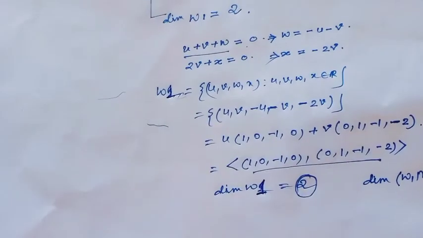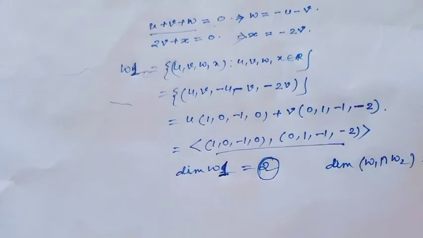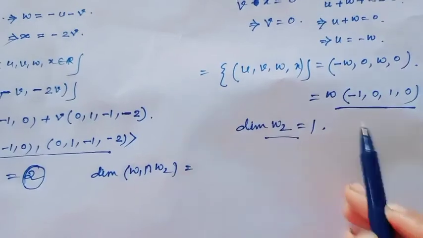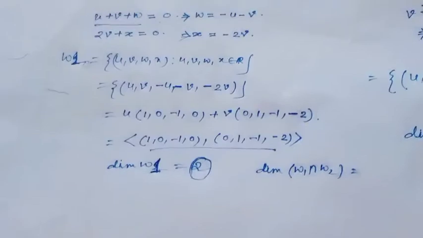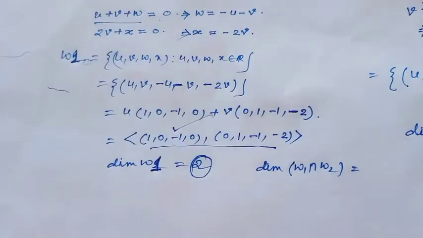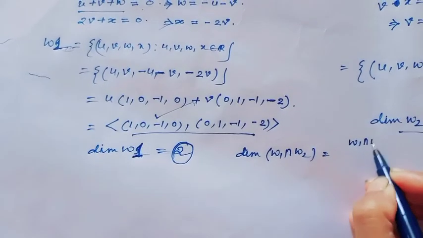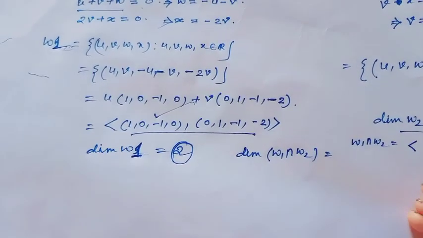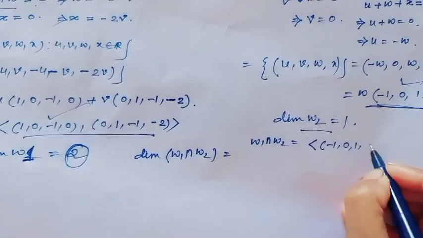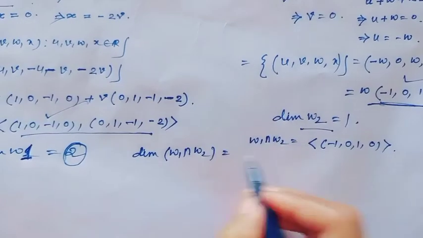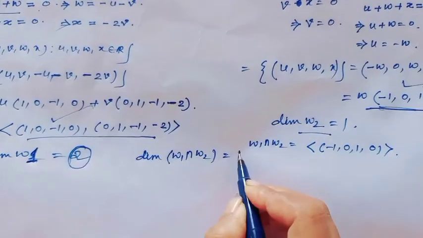Now for dimension of W1 intersection W2, notice W1 is generated by these vectors and W2 would be generated by this vector. Notice this vector is common in both W1 and W2. That means W1 intersection W2 is generated by the vector minus 1 0 1 0.